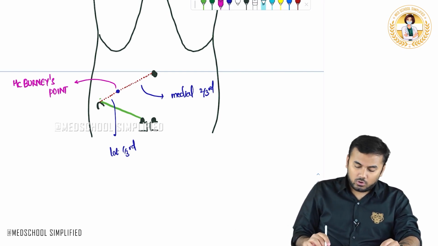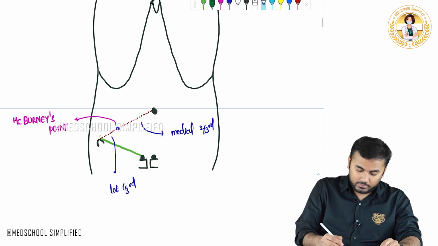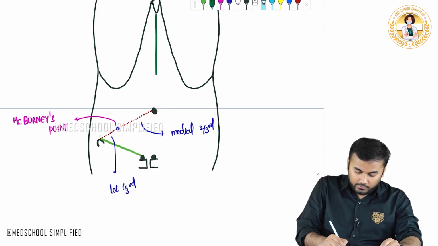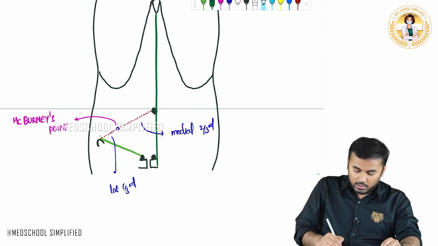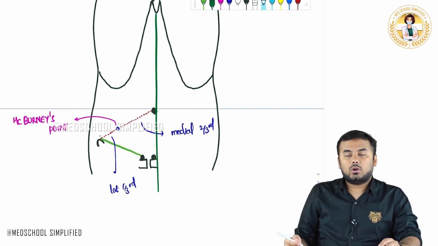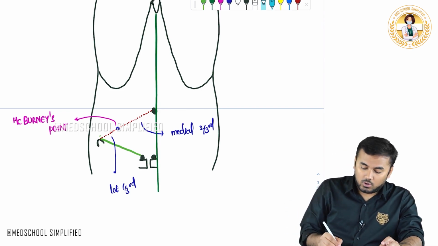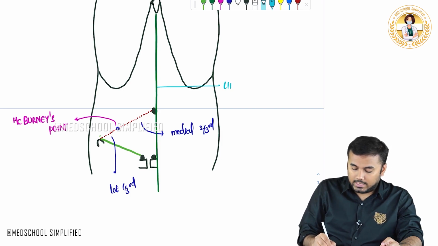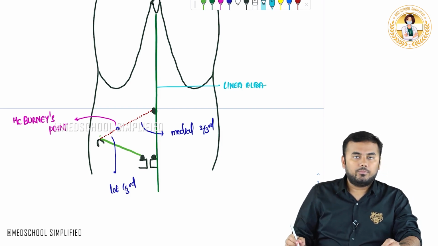Okay. And next, all of you know that in the center over here like this, we have got another important line. This is called the linea alba. What is this called? This one is called the linea alba. Right?